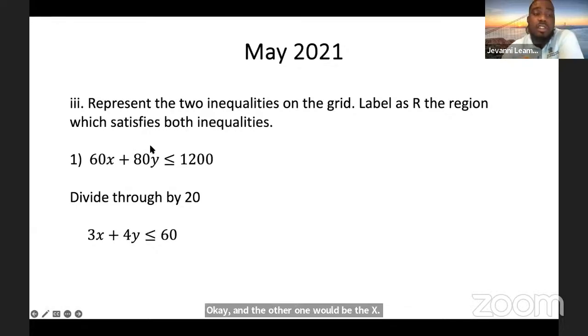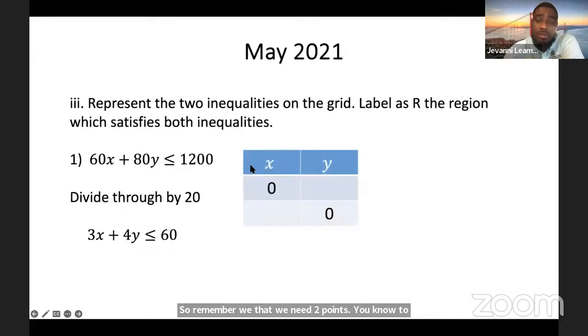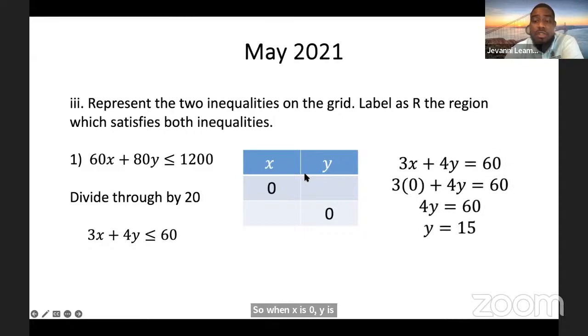All right, so the intercepts are what we use for ease of access to draw our line. Remember that we need 2 points in order to draw a line. So this is what's going to be in the table. When x is 0, y is 15. Work that out.